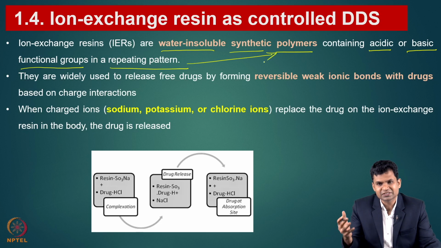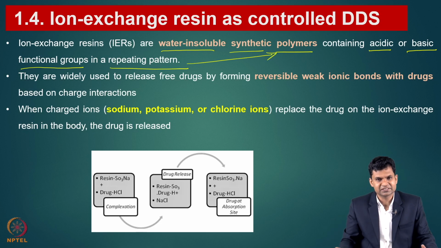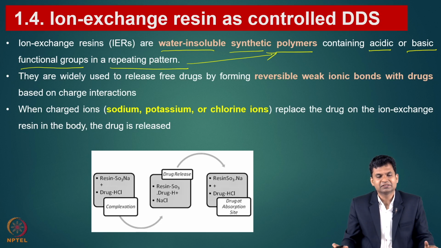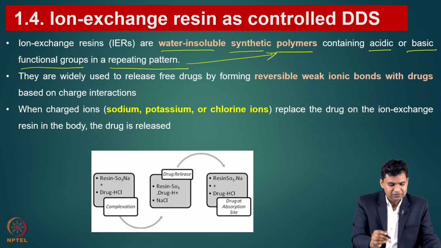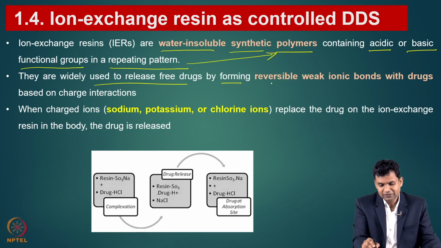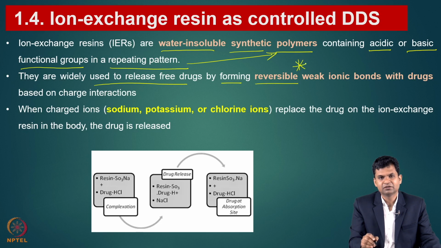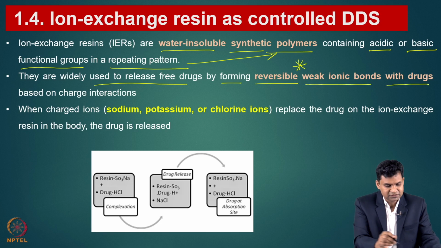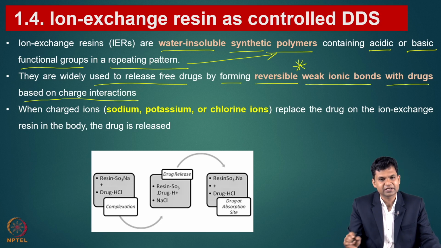When you use such acidic and basic functionalities, this will help to interact with drugs which are ionic in nature. Here you can see these are widely used to release the free drugs by forming reversible, not irreversible, remember this point, weak ionic bonds with drugs based on charge interactions.